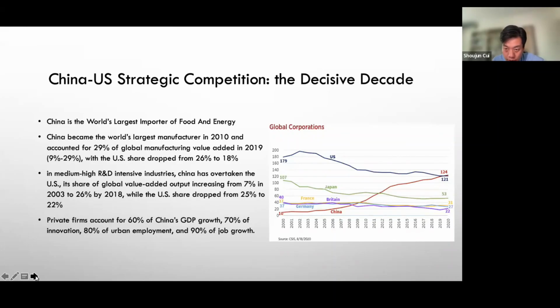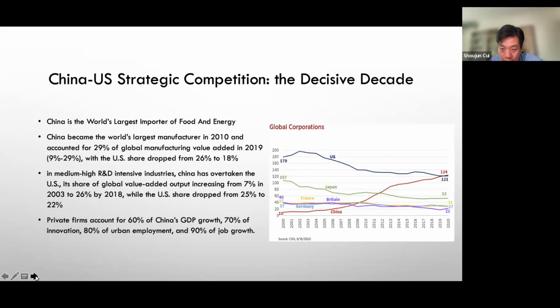Look at the graphic here. You can see this is the number of global corporations in the Fortune 500, the most remarkable companies in the world. In the year 2000 or 2001, the year China joined the WTO, only a little more than 10 companies were listed in the Fortune 500.